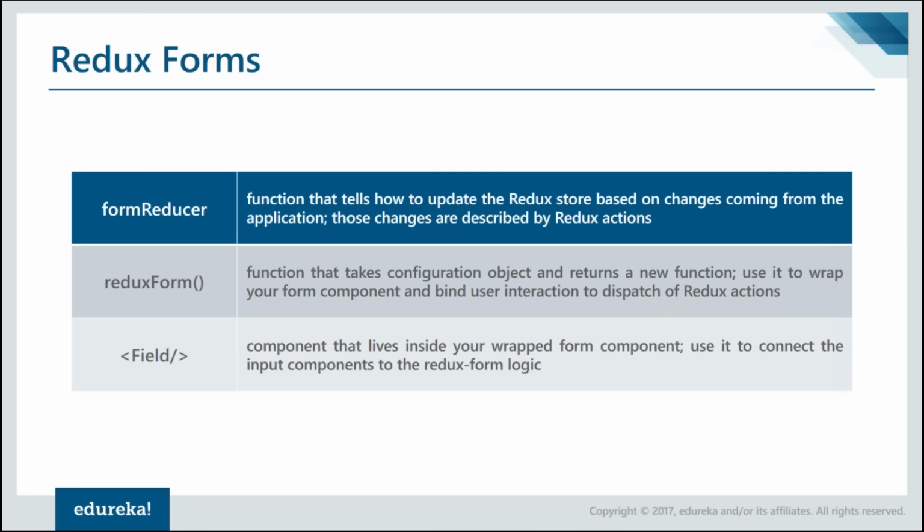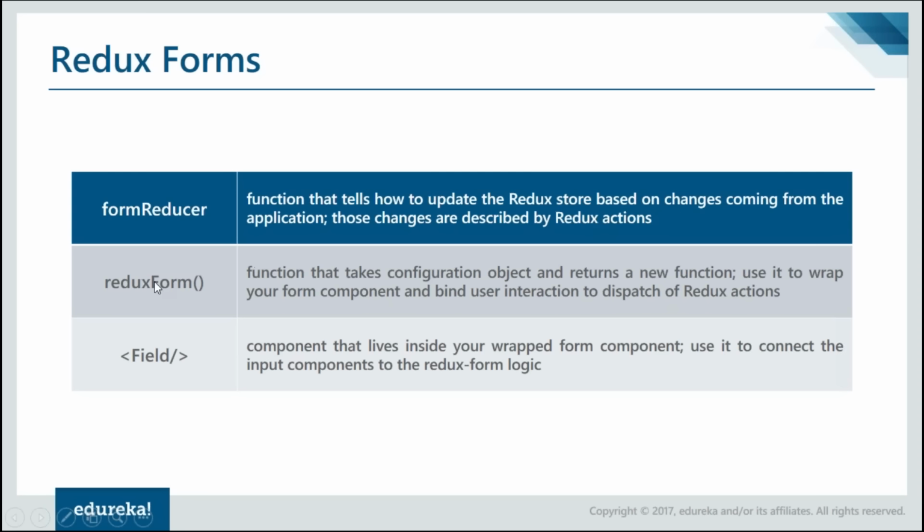So the form reducer is a function that tells how to update the Redux store based on changes coming from the application. When I say changes coming from the application, it means the new state which is returned from the reducer to the store. Those changes, as you can see over here, are described by Redux actions.